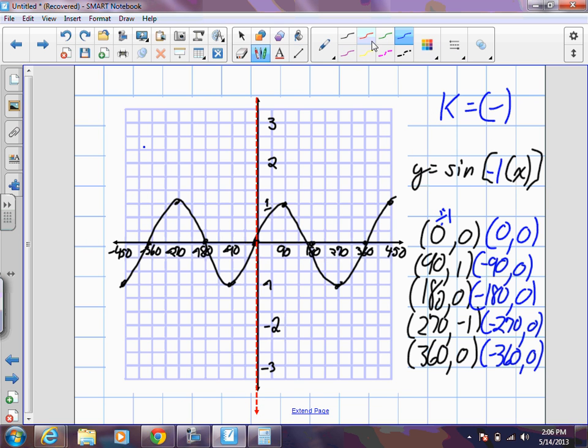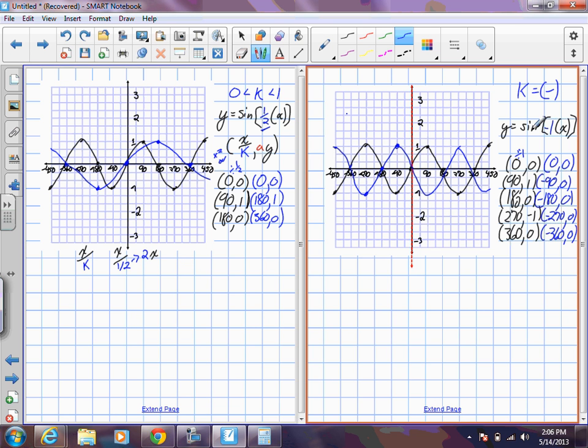So we had negative 90 and 1, negative 180 and 0, negative 270 and negative 1. Okay? So this has changed the graph from where it was. So it almost starts to look like a DNA chain here. So there's everything we did: when K is negative, when it's less than 1, and when it's greater than 1, how it compresses it.